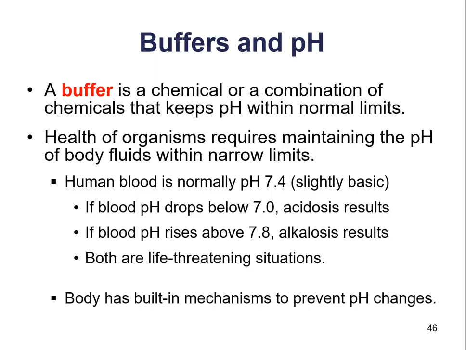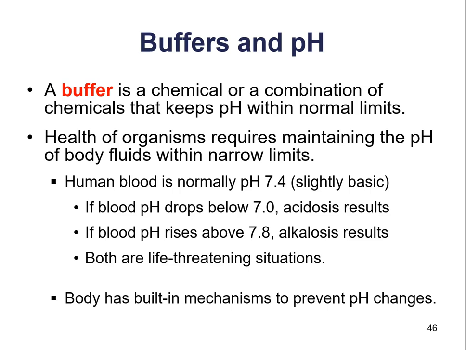Okay, one last thing that we need to talk about is something called a buffer. And so what is a buffer and why do we care about it in biology, right? A buffer is a chemical or a combination of chemicals that basically keeps pH within normal limits. Super important that the pH of your blood is maintained at pH 7.4.